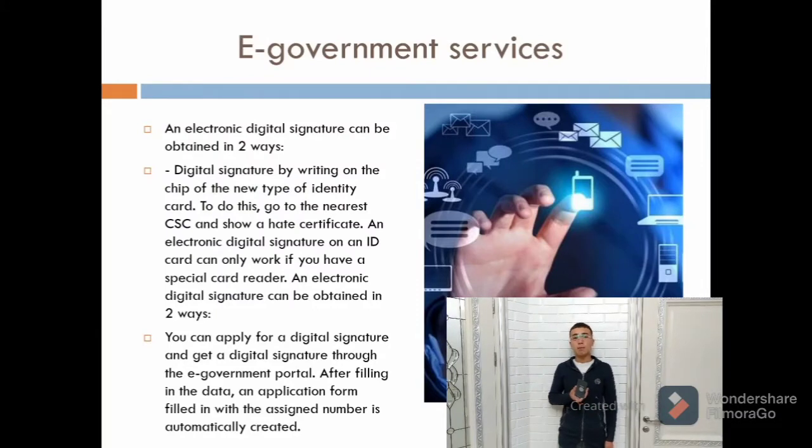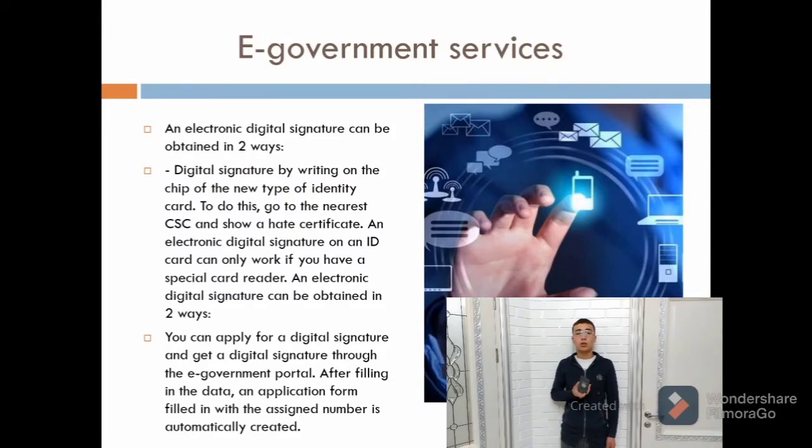A digital signature can be updated in two ways, by writing the digital signature on the chip of the new type of identification card. To do this, go to the nearest CSC and show a certificate.